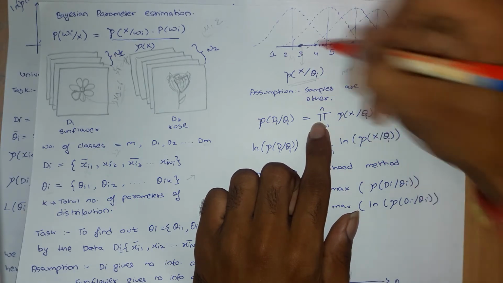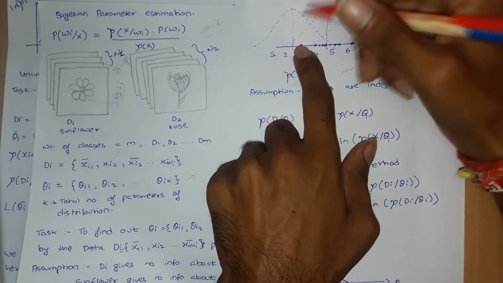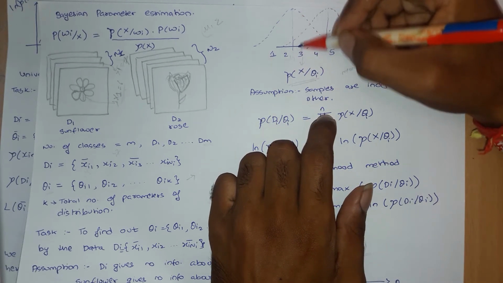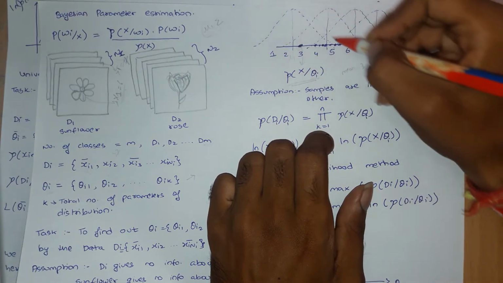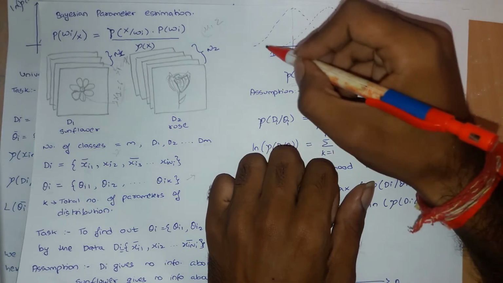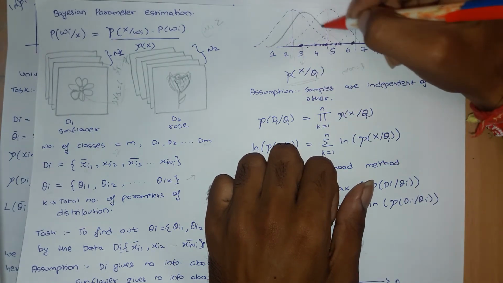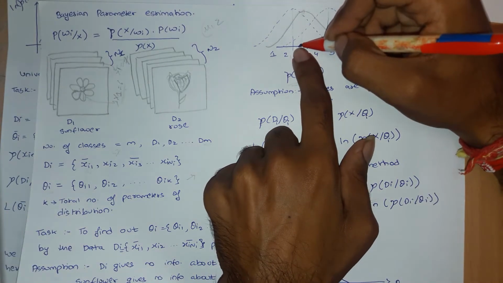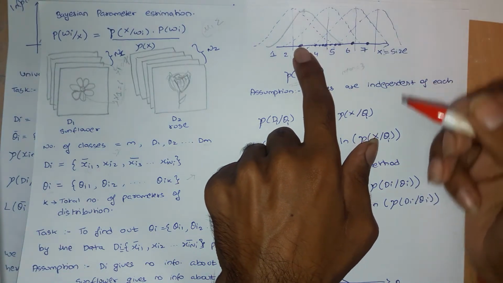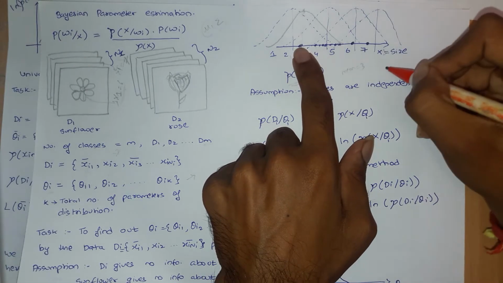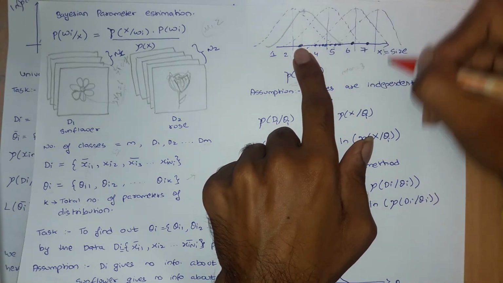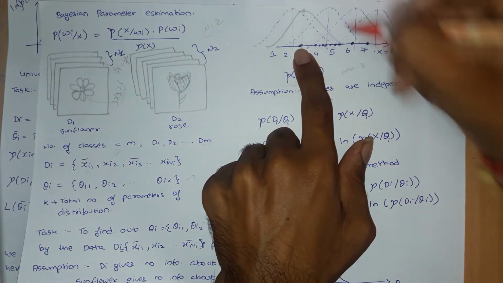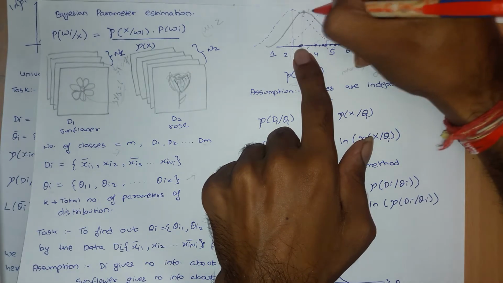When I take mean equal to 3, I get this kind of Gaussian. For this sample, this probability is going to be the highest, say 0.7 suppose, and I'm writing it over here.